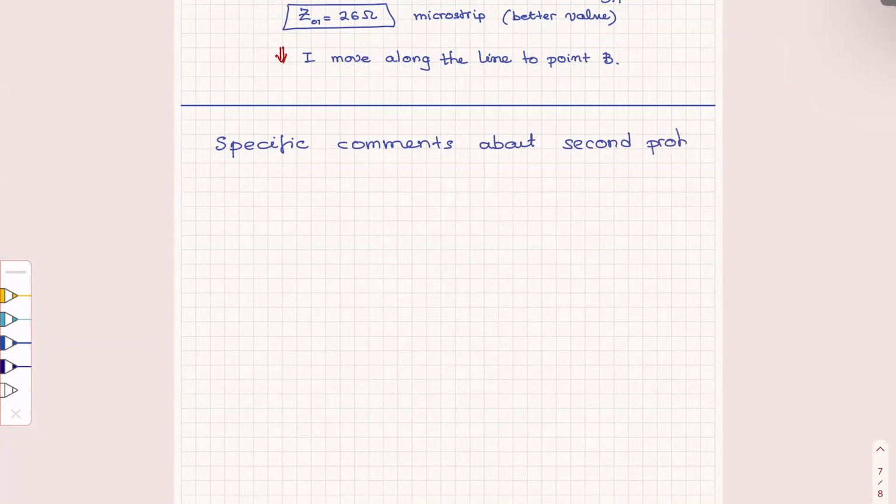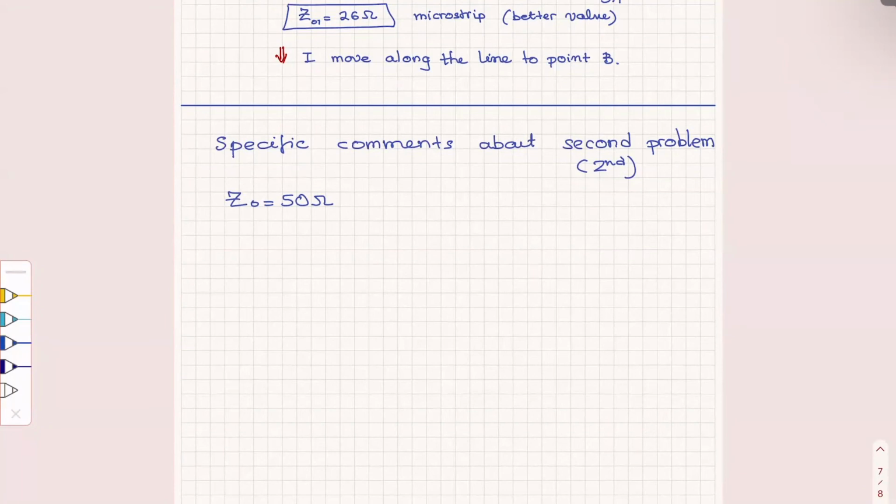The easy thing about the second problem is that I have asked you already to use a particular characteristic impedance, which is Z naught equal to 50 ohms. So you don't have flexibility in selecting something else.